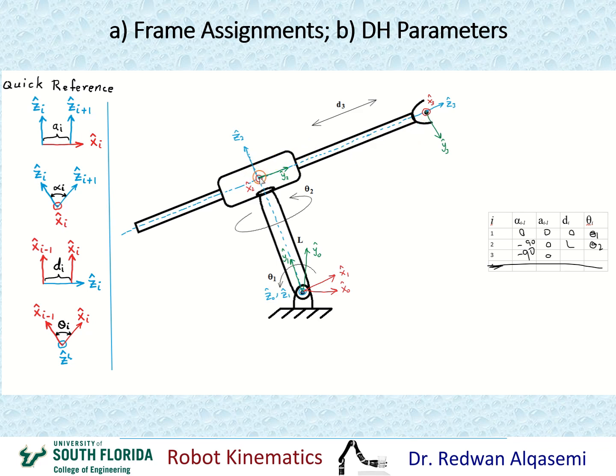Now remember, this here is a prismatic joint, so this distance is a variable. And if the prismatic joint goes backwards, these two lines that are out of the board will become closer. If it moves forward, then these two lines will go further apart. So this is a variable that's represented by d3. So I'm going to put d3 here.